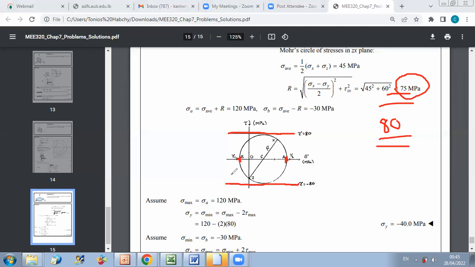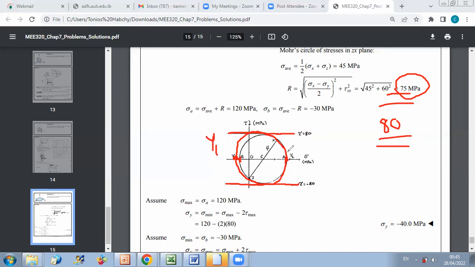The circle corresponding to the maximum radius can be AY, and to have the maximum circle of radius 80 equal to the diameter AY, Y should be on the negative side, so B should be between A and Y. So the first possible position of Y, Y1, is where AY is the circle corresponding to maximum shear.